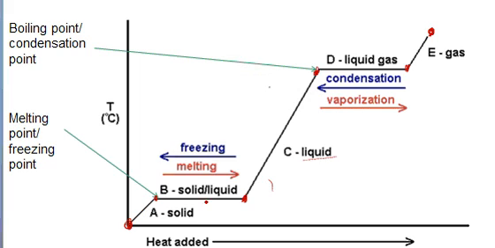In the case of water, the freezing and melting point is 0 degrees. So during this time, when we've got some solid and some liquid that's becoming a solid, the temperature will stay at 0. And it's not until it's all a solid that the temperature will begin to go down below 0.